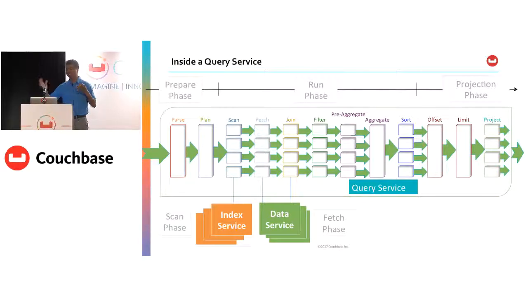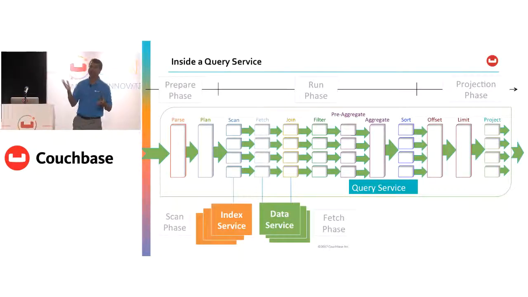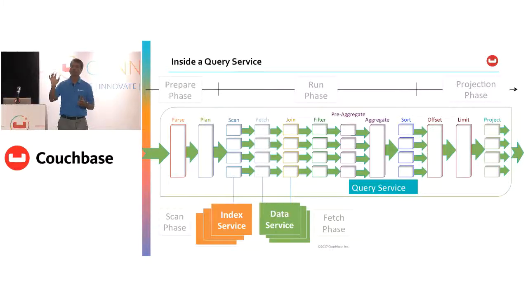So we can divide this execution into three phases: the prepare phase, the run phase, and the final projection phase. When you have applications where the same query with different bind values is running millions of times, you can prepare the query once and execute it multiple times, so you save the time that is taken for prepare.